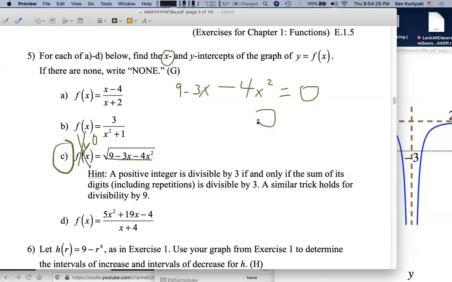0 equals. Any questions? Add 4x squared to both sides. Don't say move. Add 4x squared to both sides. Add 3x to both sides. Subtract 9 on both sides.